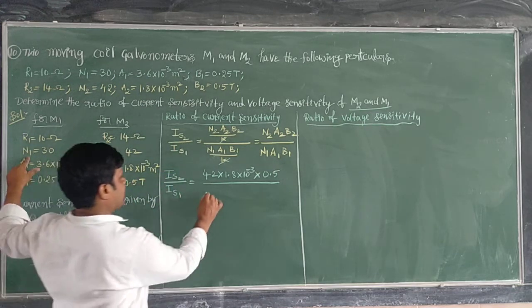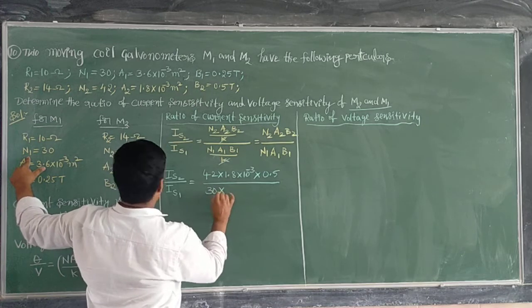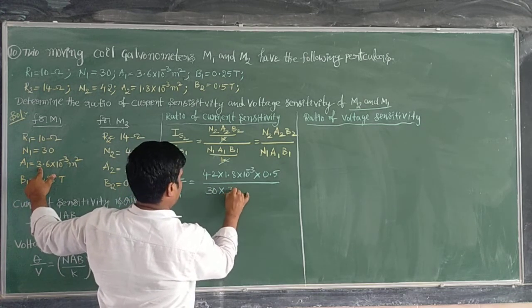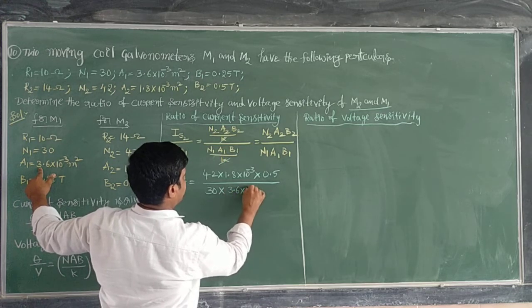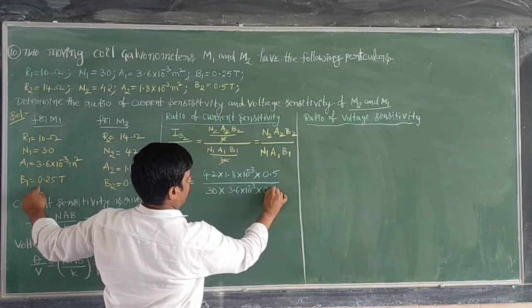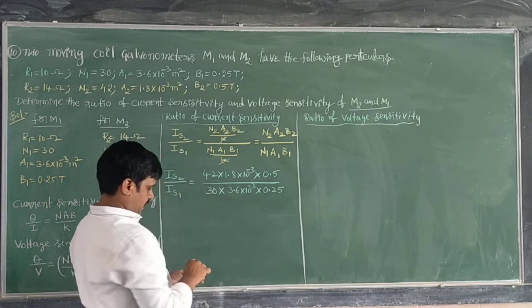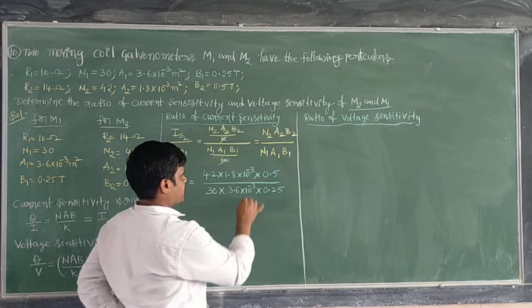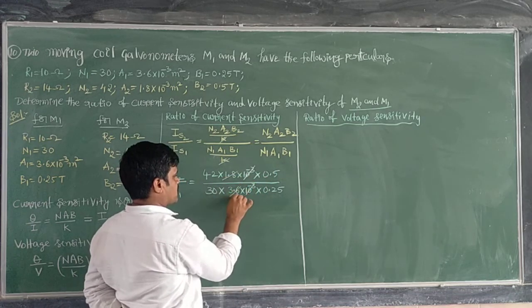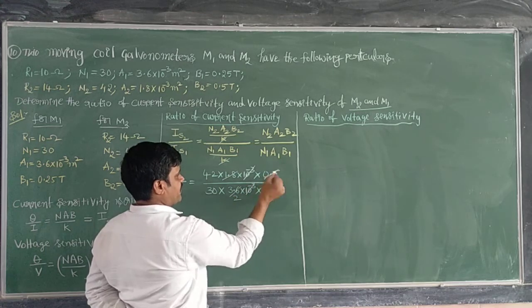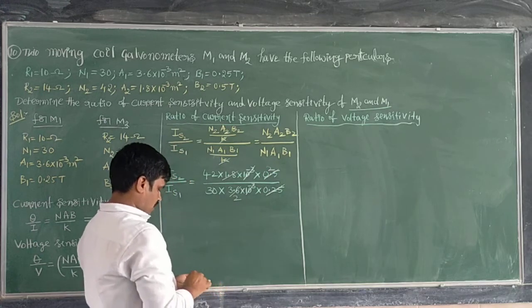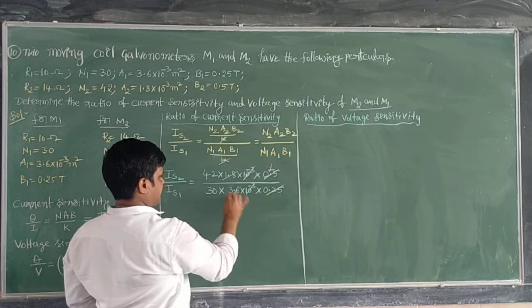Here N1 is 30, A1 is 3.6 into 10 power minus 3, into B1, 0.25. The 10 power minus 3 cancels, the 1.8 and 3.6 cancel, the 0.5 and 0.25 cancel.